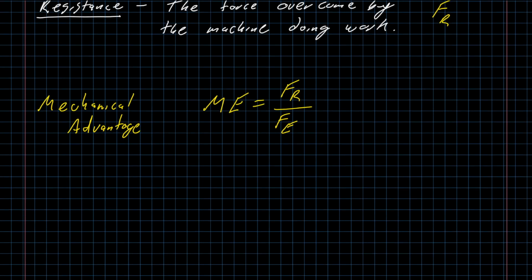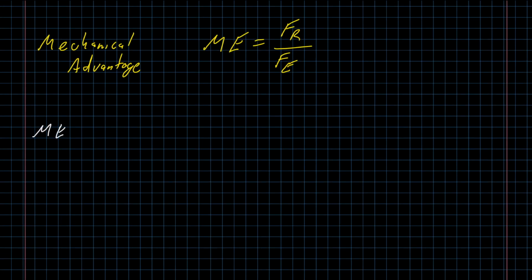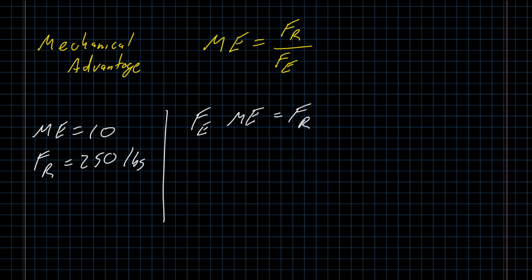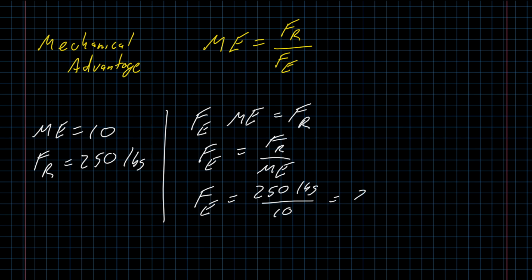If you have a machine that has a mechanical advantage of 10, and you are trying to lift a crate that weighs 250 pounds, then rearranging this equation, we get that with this machine that has a mechanical advantage of 10, you have to put in 25 pounds of force as your effort in order to lift a 250-pound object.